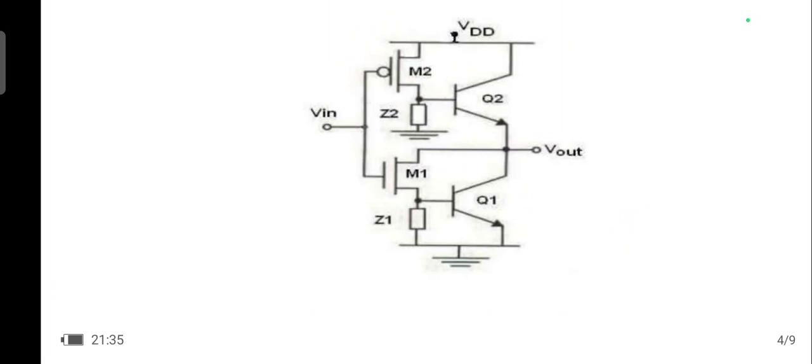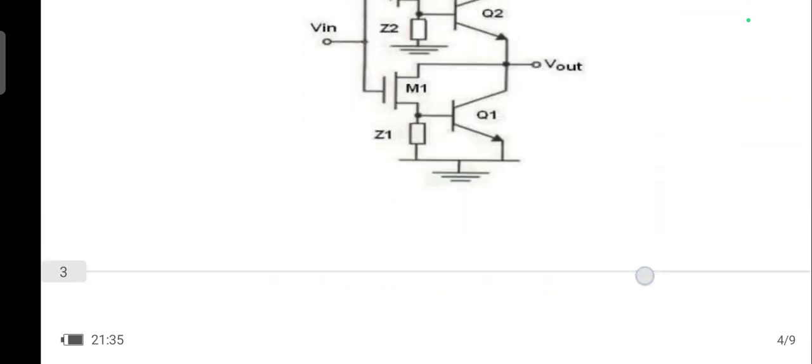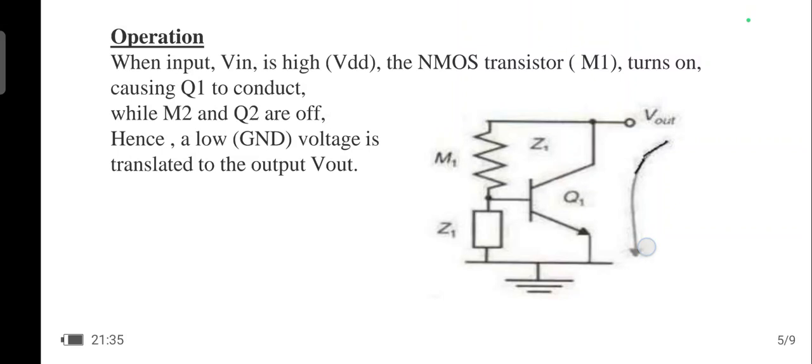Whenever we apply a voltage greater than the threshold voltage of M1, it starts conducting, which supplies current to the next stage transistor Q1. So both M1 and Q1 are in conduction, creating a path from Vout to ground. So the output is pulled down to logic 0.